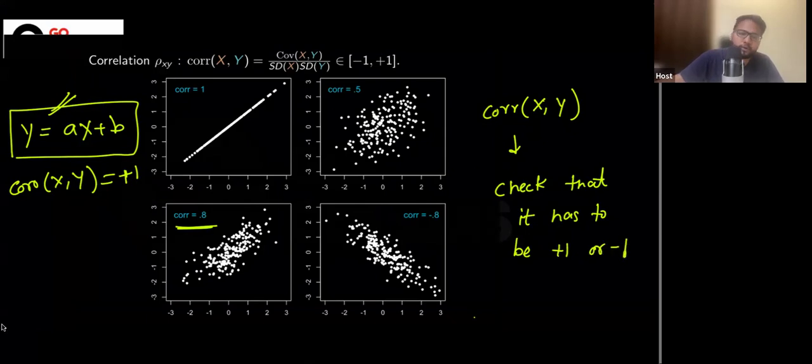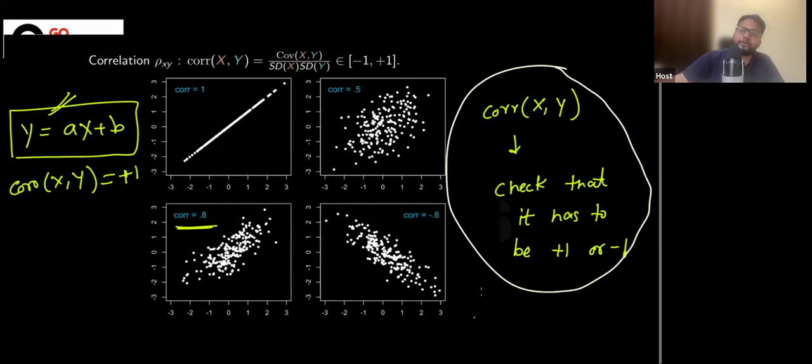You can send me a screenshot or a photo on Telegram where you have proved it, and tomorrow I will post your solution in the slides. If there is a linear relationship, then the correlation is either +1 or -1. It has to be a strict linear relationship.